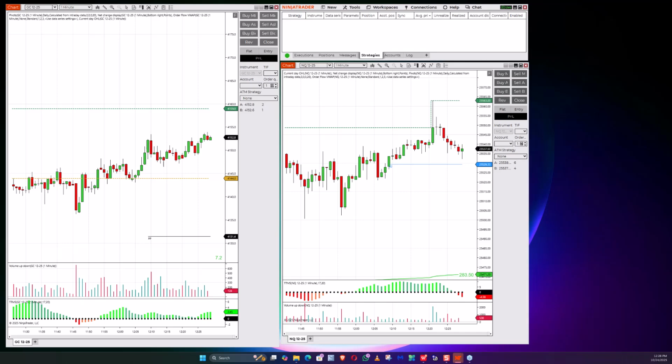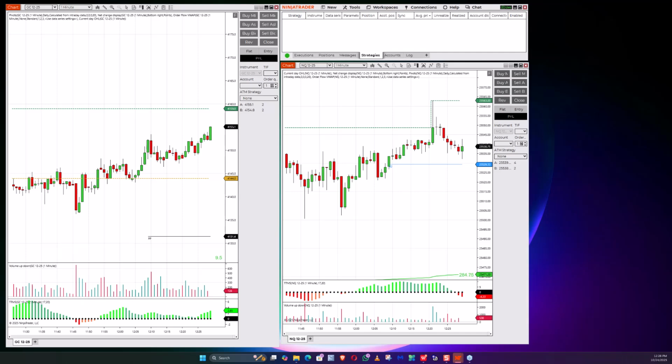So for instance, this green line is the high of day. We have a strategy that when the price goes and touches the high of day, which it does over and over again throughout the day, throughout the week, on every instrument, you can trade your favorite instruments. They all do this. It's not unique to just gold or unique to just the NQ. All magnets work with all instruments.